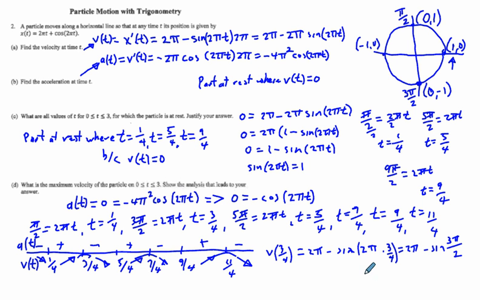And that's going to be equal to 2 pi minus the sine of 3 pi over 2.